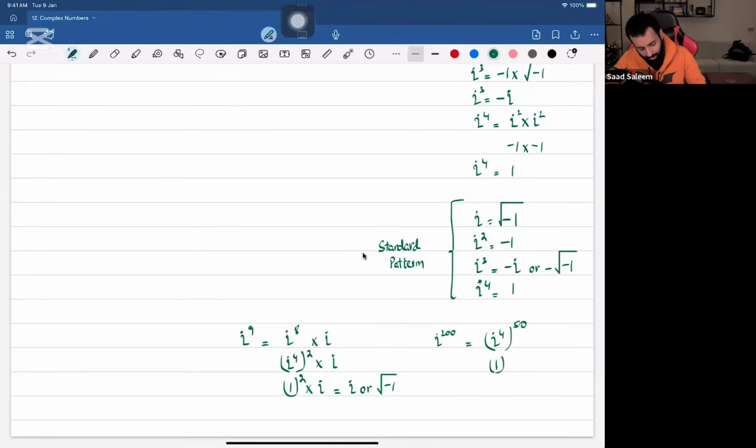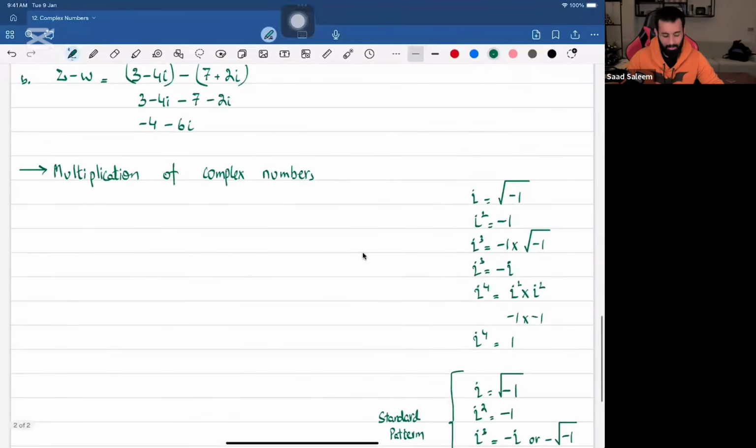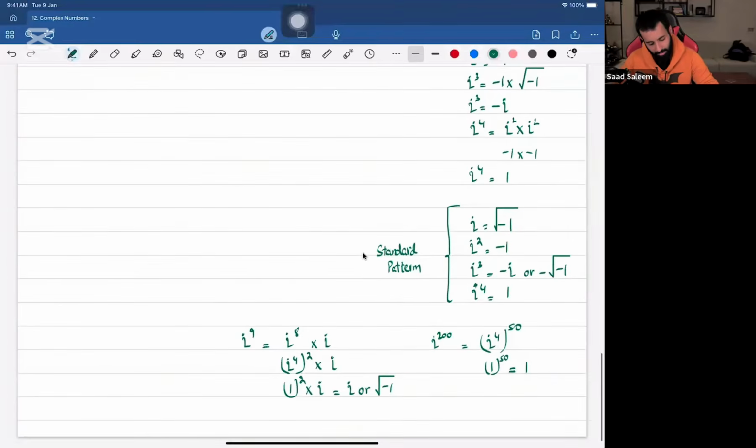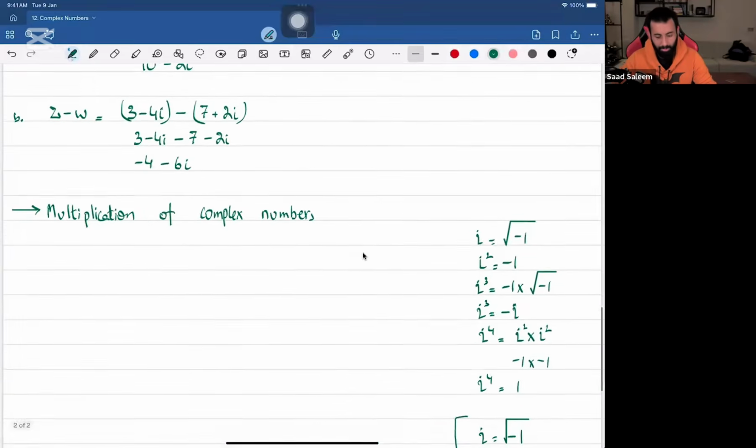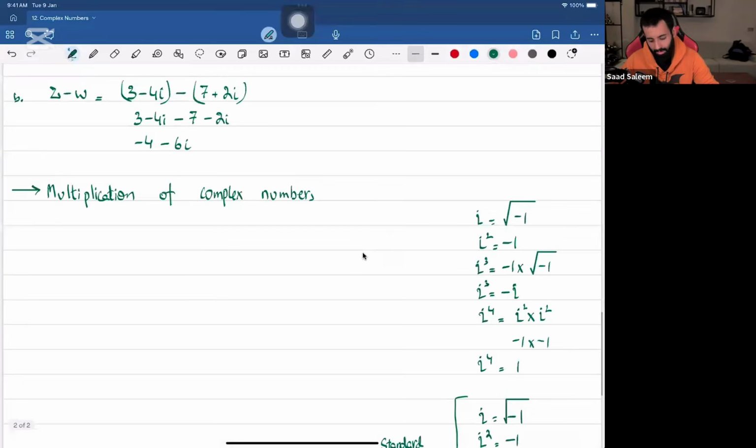That's equal to 1, so 1 to the power 50. It doesn't matter what power I raise 1 to, the answer is always going to be 1. So you can use these powers of 4 to figure out any other power you have to find. Keeping this in mind, let's deal with multiplication of complex numbers, and you'll see why this is important.